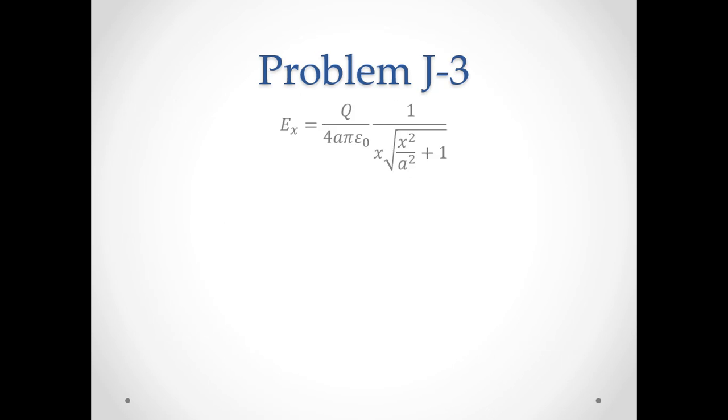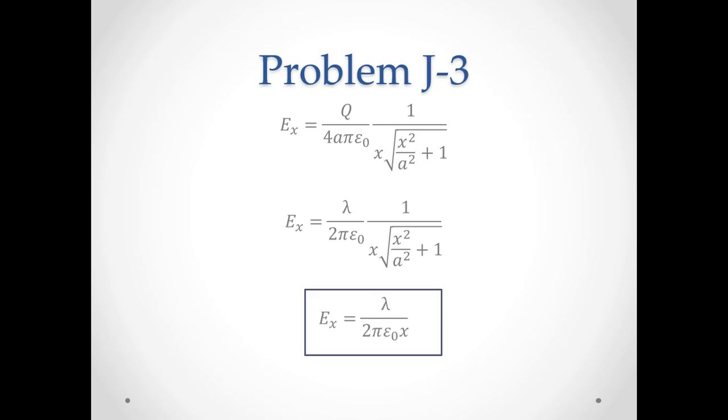So when I go to factor out an a squared, I get x squared over a squared plus 1 in here, and I get an a out over there, and that q over a basically becomes lambda. And so you get lambda over 2 pi epsilon naught, or I guess q over 2a, excuse me, times 1 over the square root of x squared over a squared plus 1.